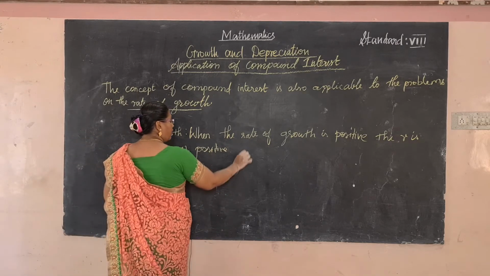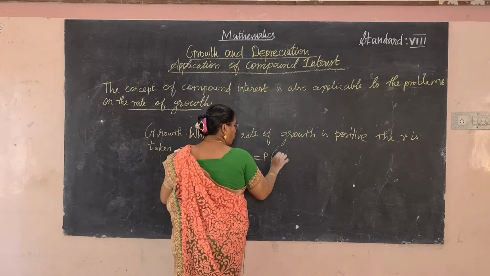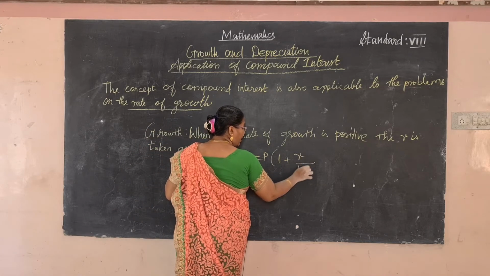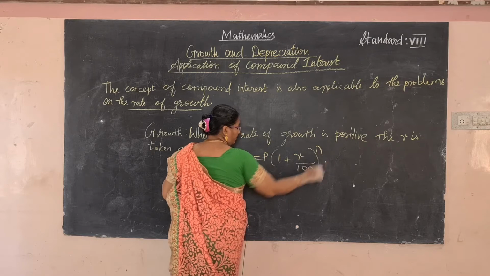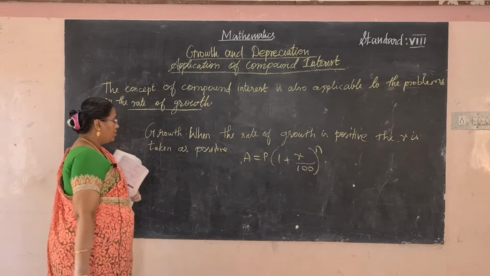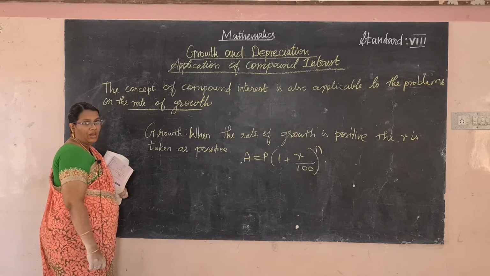Then we use the formula A is equal to P of 1 plus R by 100 the whole power n. This is the appreciation, or growth, formula.